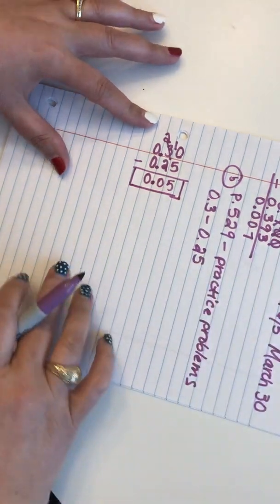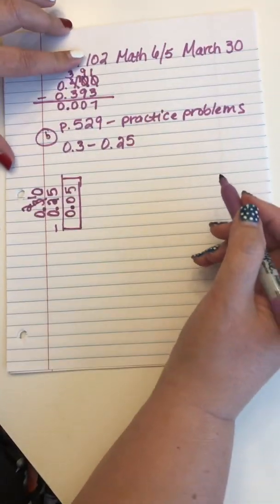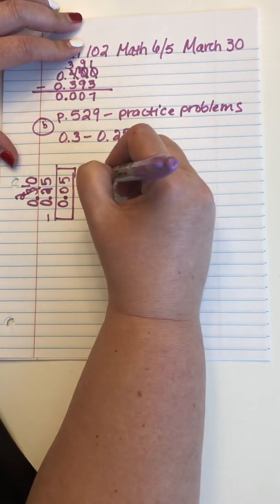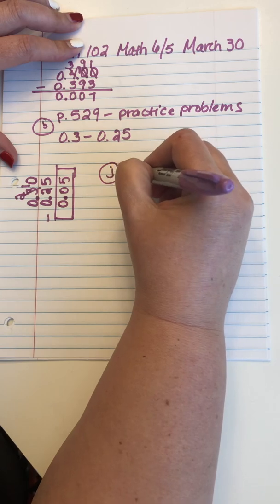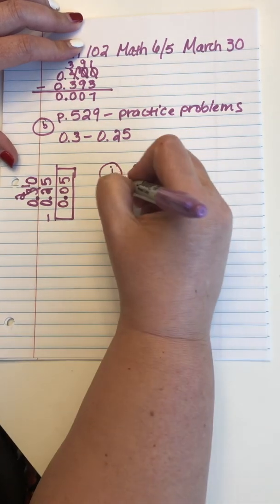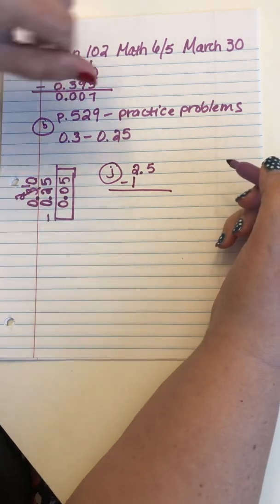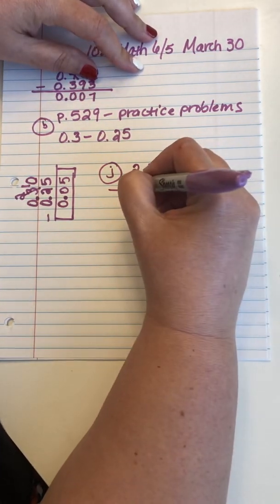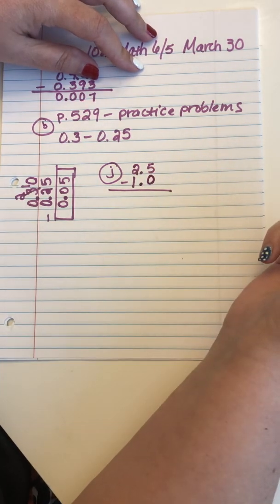So let's go and skip down. I'm going to go back to working it this way on my paper. I'm going to go to letter J. Letter J is 2.5 minus 1. Now, on this one, I'm going to go ahead and make the same number of decimal places.